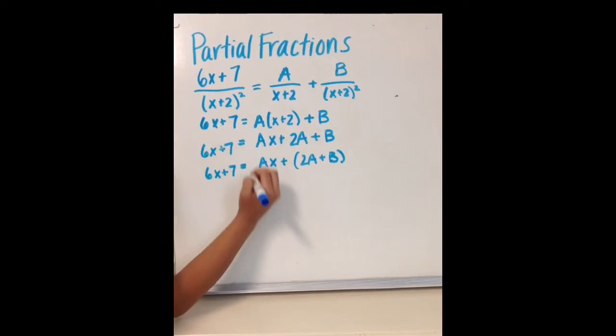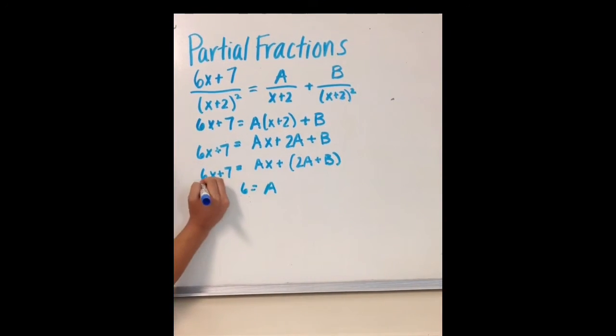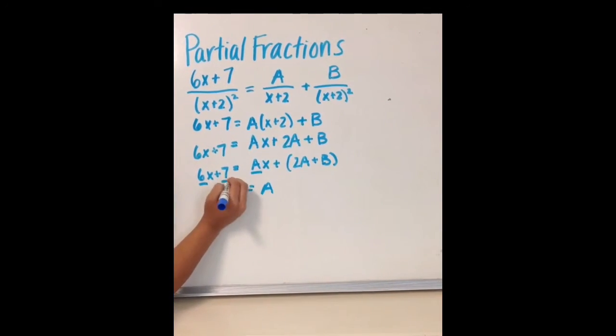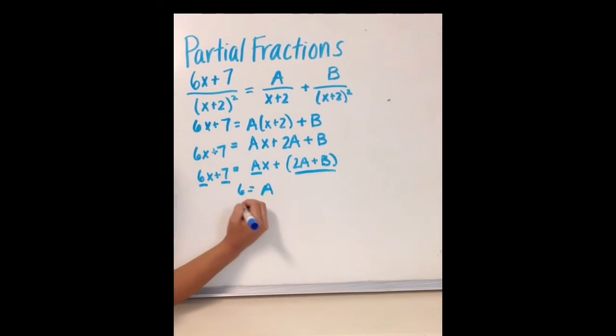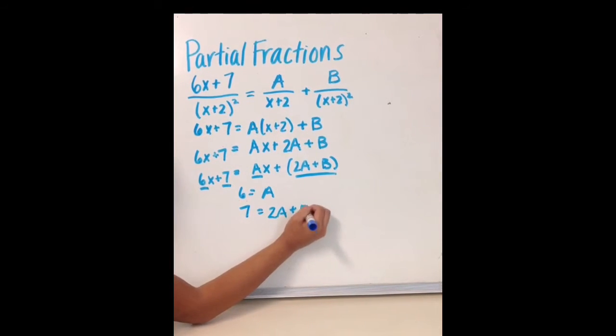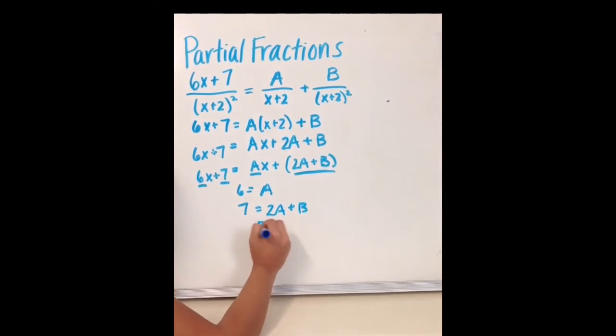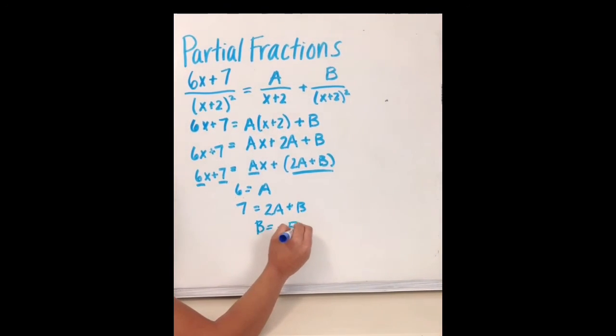Now we're going to set up a system of equations. 6 equals A here, and here, 7 equals 2A plus B. If we replace A with 6 in this equation, we get B equals negative 5.